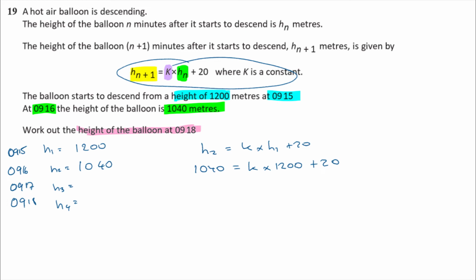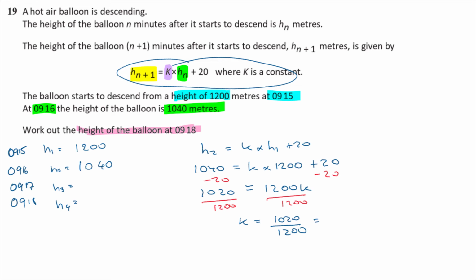So take 20 away from both sides. I'm going to get 1020 equals 1200k. Then dividing both sides by 1200, I'm going to get k is equal to 1020 over 1200.